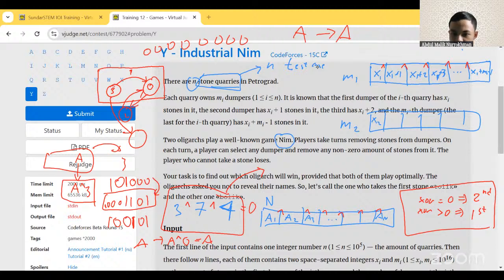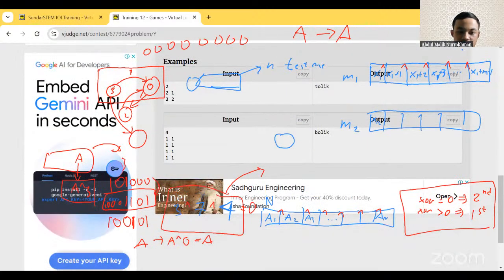Using which algorithm, using which idea? Yes, that's it. We can use the idea just like prefix sum or prefix XOR.